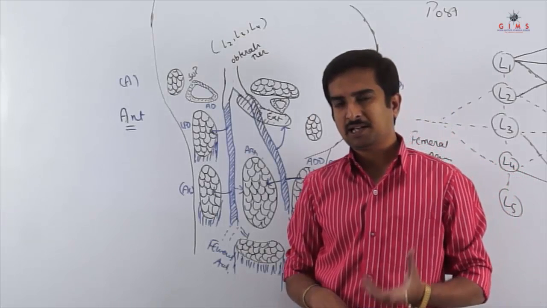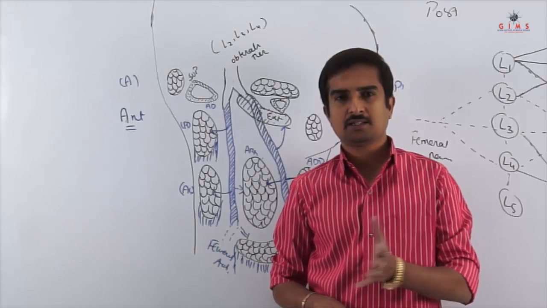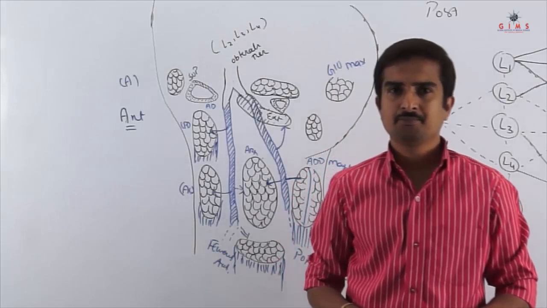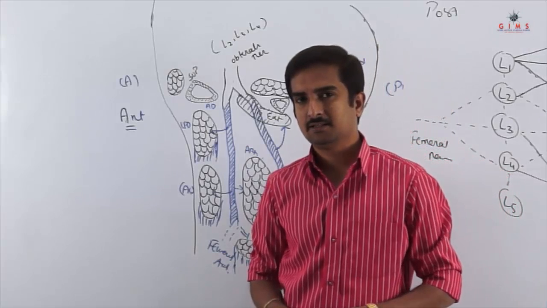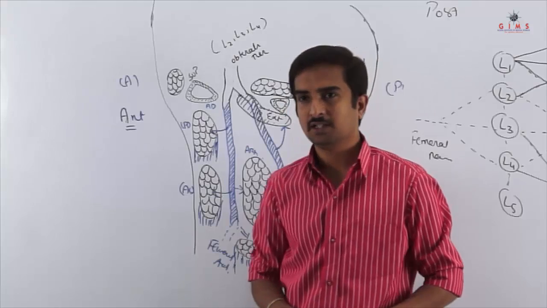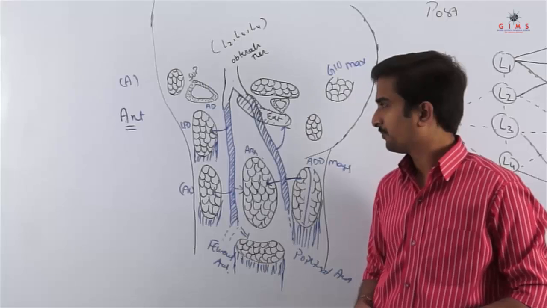This spasticity can be relieved by section of the nerve, or by surgical division of the obturator nerve.